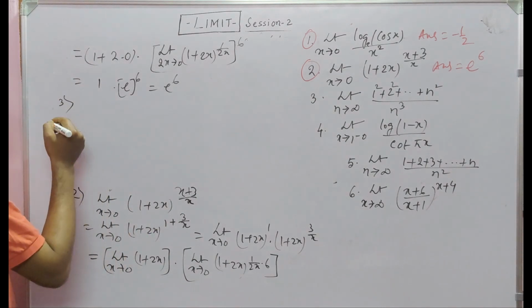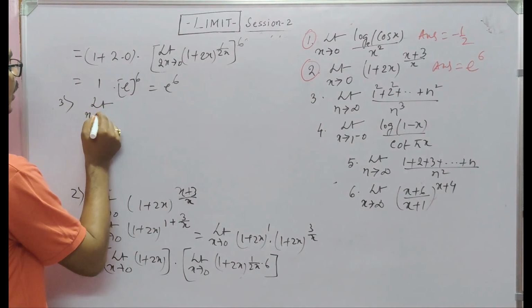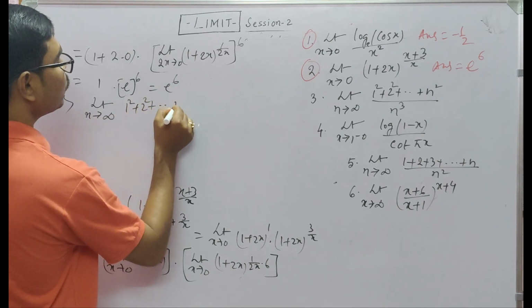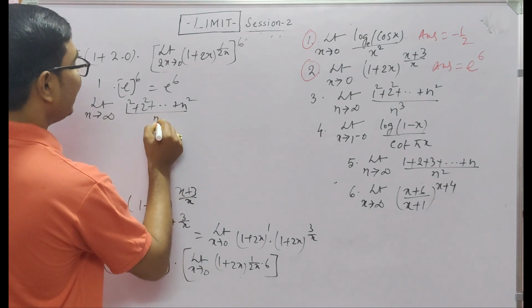Question number 3: limit n tends to infinity of 1 square plus 2 square plus up to n square by n cube.